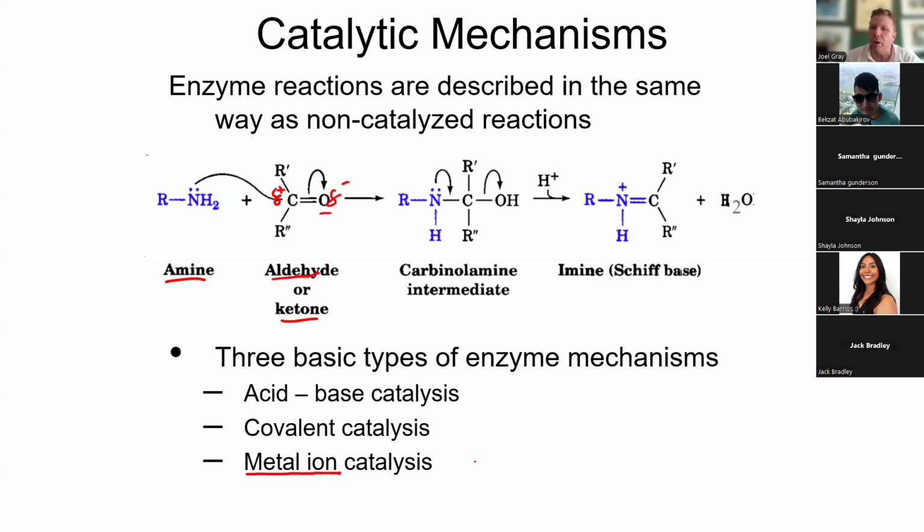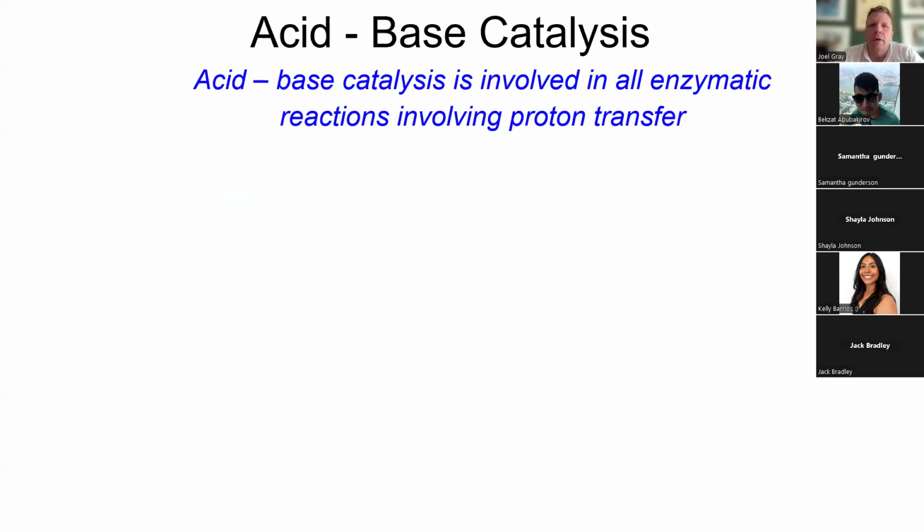One thing worth noting is that Mg2+ is a metal ion. It has a positive charge. This right here is not a metal ion. It does not have a charge. That's elemental magnesium, not an ion, so that would be an atom. This is going back to Gen Chem 1 terminology, an ion versus an atom. Now, let's get after acid-base catalysis.